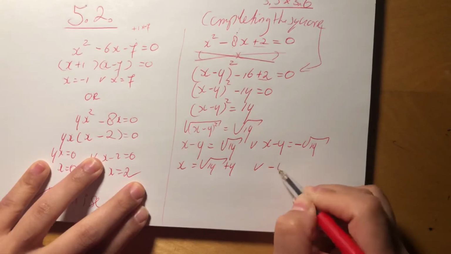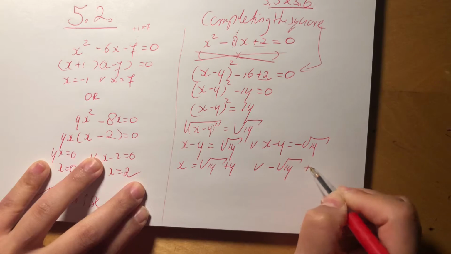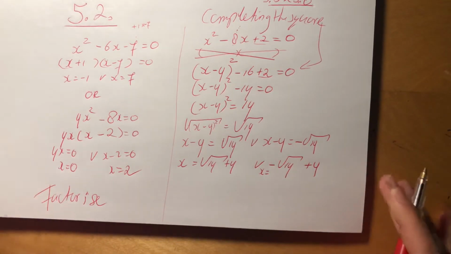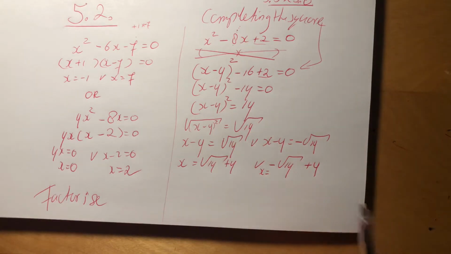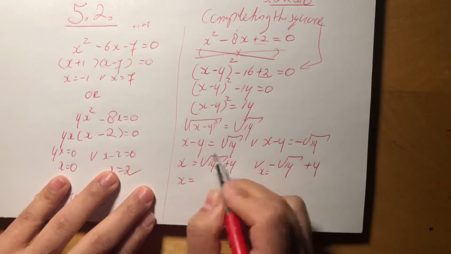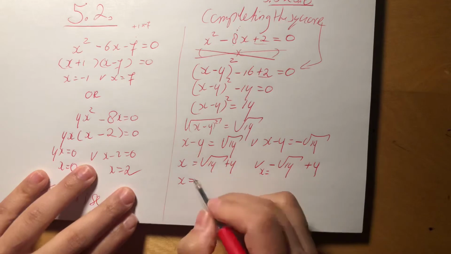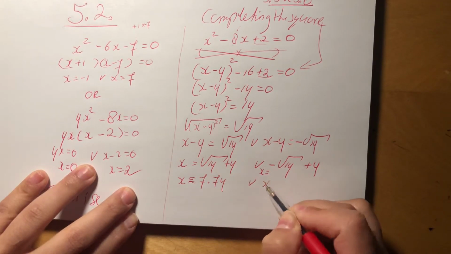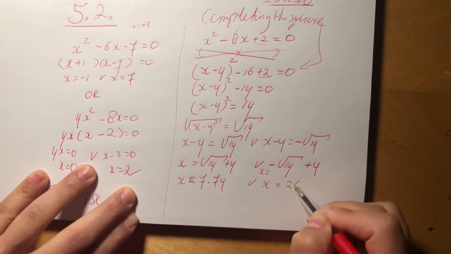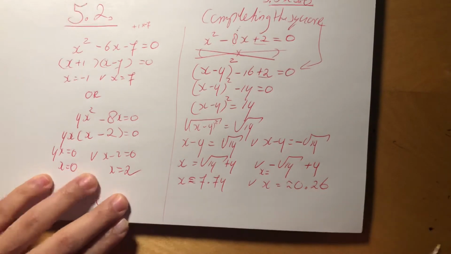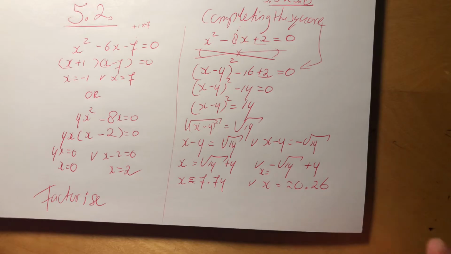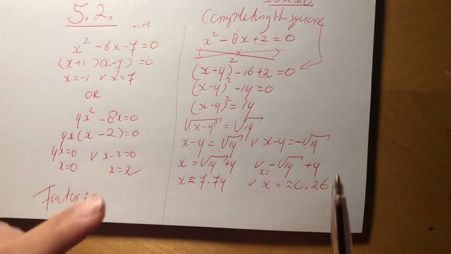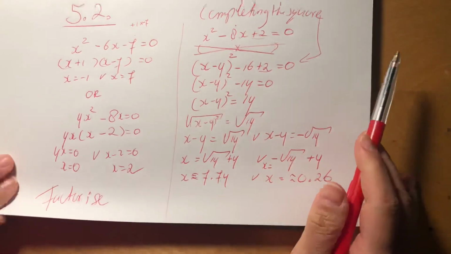And over here it's minus square root of 14 plus 4. Yeah? So this is completing the square, and then you can work with the calculator now, type it in. You get about 7.74, and this one will be about 0.26.